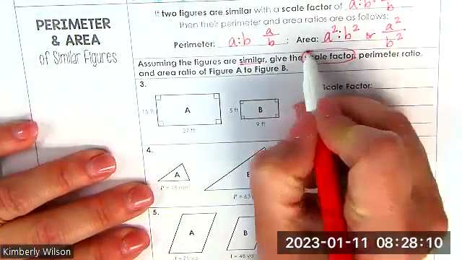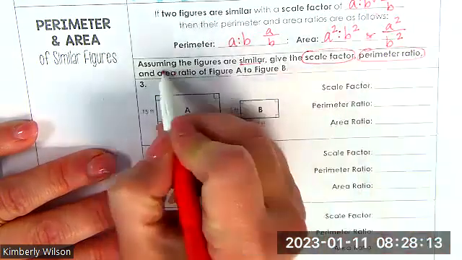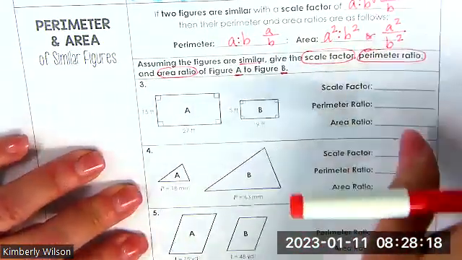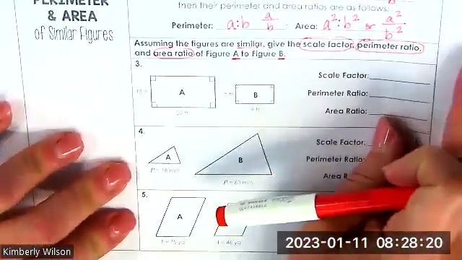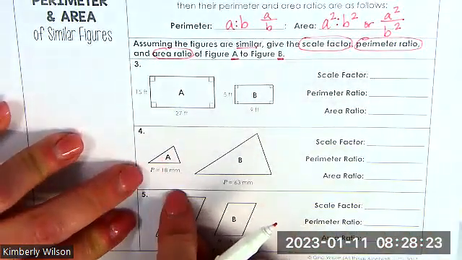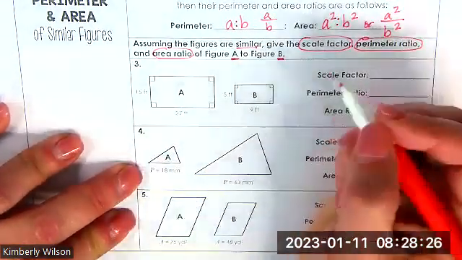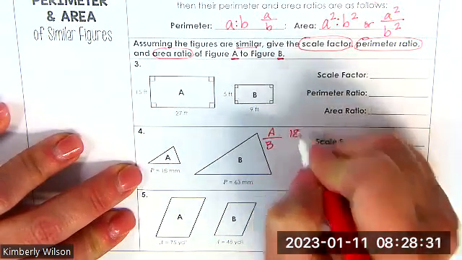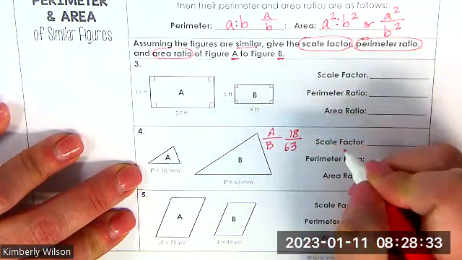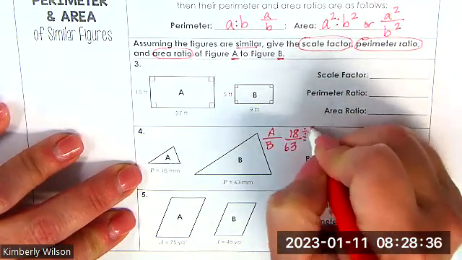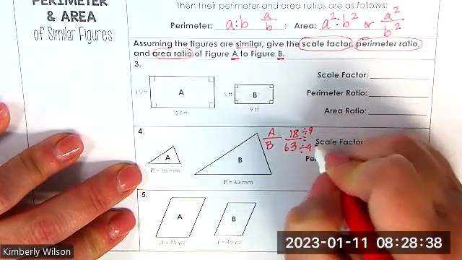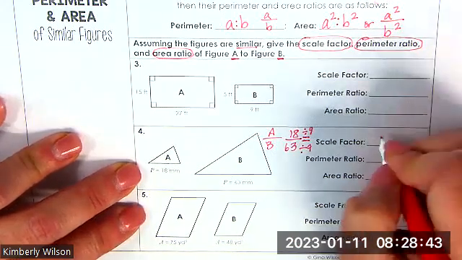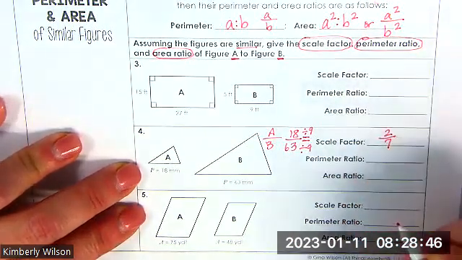All right, let's work an example where we are assuming the figures are similar. Give the scale factor, the perimeter ratio, and the area ratio of figure A to figure B. We're going to look at number 4. For the scale factor, I'm doing A over B, so 18 over 63. Both of these are divisible by 9, so my scale factor is 2 over 7.